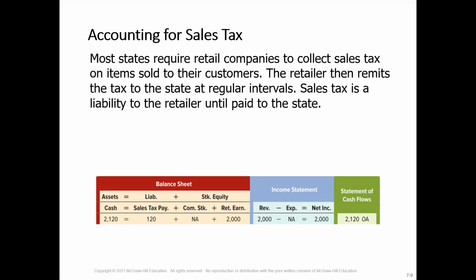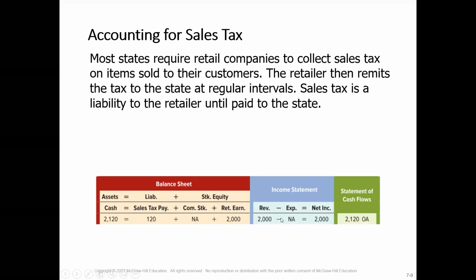This would be also Herrera Supply Company. Say they're established in Wisconsin, maybe. So they have an obligation to pay the state of Wisconsin $120 in sales tax. So the account increased would be sales tax payable for $120.